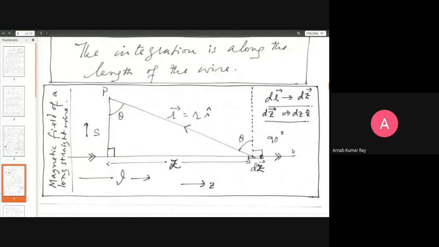I have taken an infinitely long wire. This line over here with a double arrow here, with a double arrow here, is my infinitely long wire. Current I is passing through this wire, and I am using the s, phi, z coordinate system, as you will soon realize, except that the z axis, instead of pointing upwards, has been made to fall down on the ground.